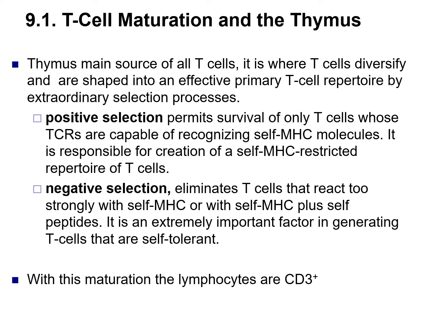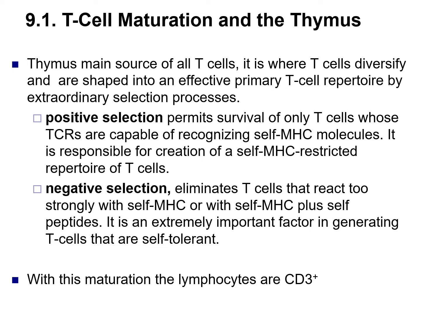This is possible because of a process called selection, positive selection and negative selection. The first one, positive selection, allows the survival of T cells with TCRs that are capable of recognizing the self-MHC molecules, and it is responsible for the creation of a self-MHC restricted repertoire of cells.